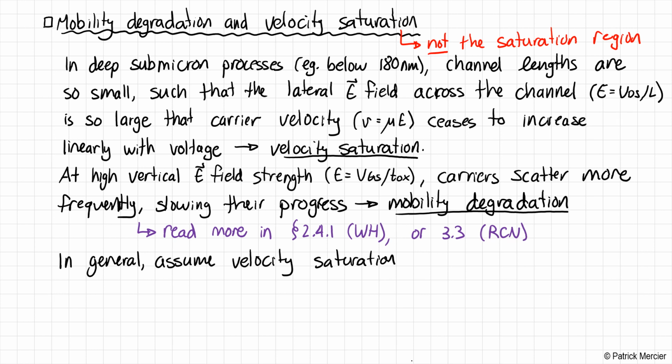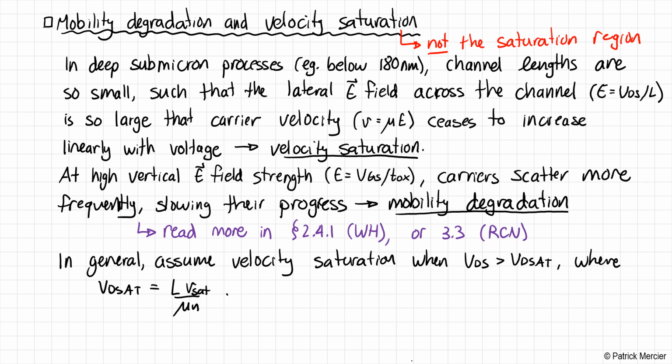In general, assume that we're velocity saturated when VDS is larger than VDSat, where VDSat is equal to L times the saturated velocity, so a little wiggle on the end of that V there, divided by mu n, or mu p if it's a PMOS.